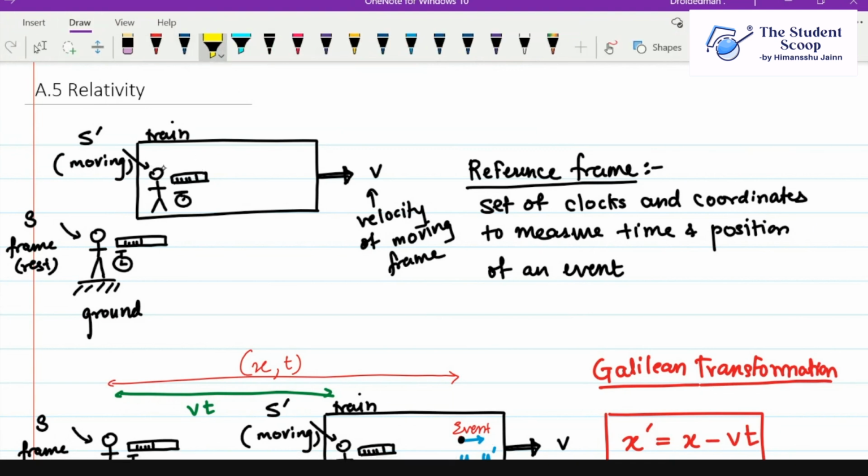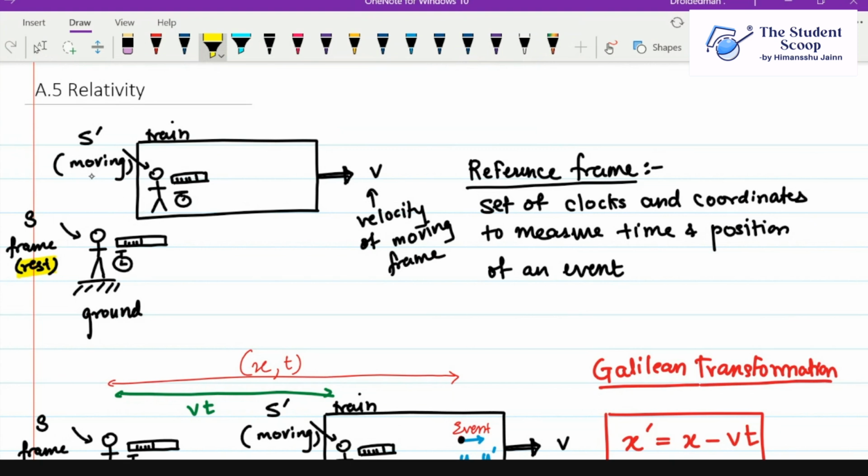There is a person in a train who has a scale and a clock to measure distance and time. Similarly, there is a person at rest on a platform, or the ground, who also has a scale and a clock.